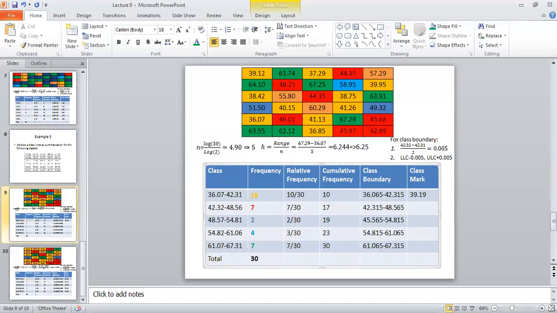Similarly, 42.32 plus 48.56, the values for the second class, divided by 2, gives 45.44. Then 48.57 plus 54.81, the values for the third class, divided by 2, gives 51.69.